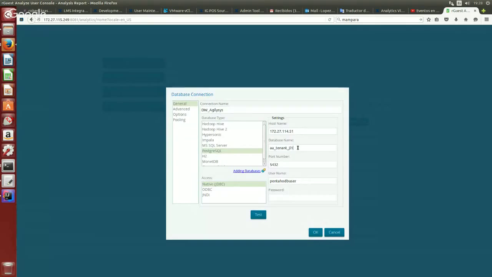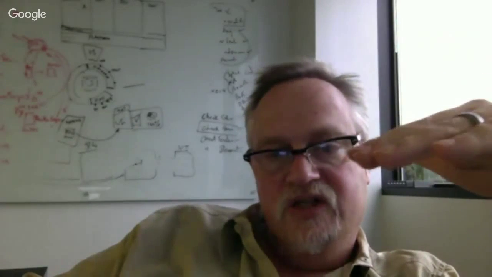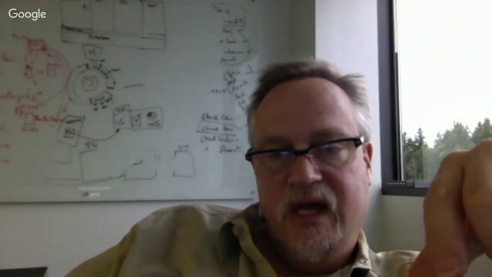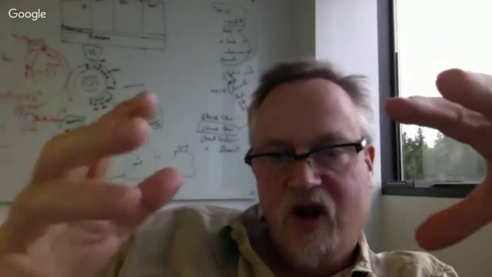Your authorization and authentication will still come from AA tenant JL1, because that's hard coded in the system from other places. It's a trick: if you want your data to come from that second database, just change it here.